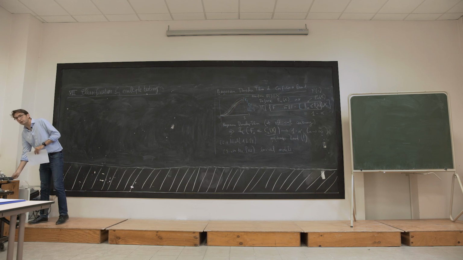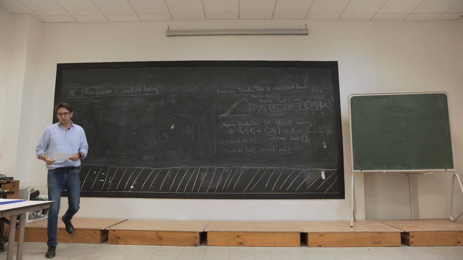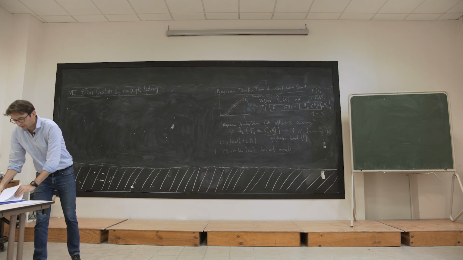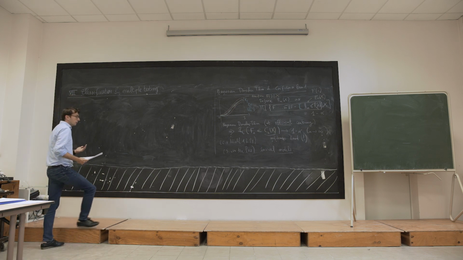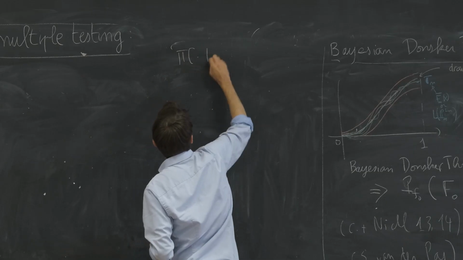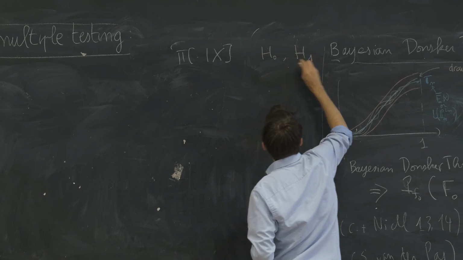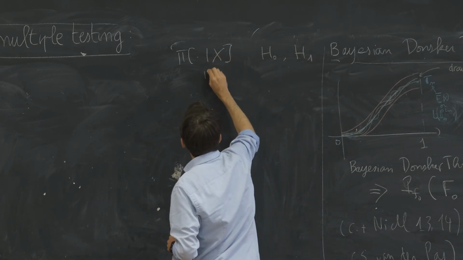Okay, so if there are no questions, I'll move to the testing part. I'll focus on one problem. Actually, the theory is not very developed, although it's very natural. When you have a posterior distribution and you have two hypotheses, the null and the alternative, it's very natural to ask what the posterior thinks.